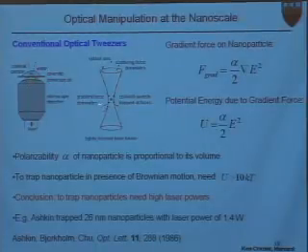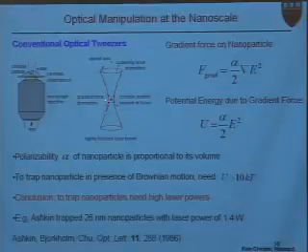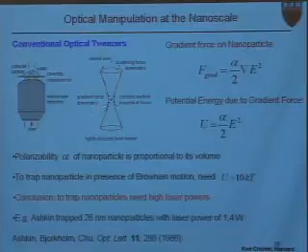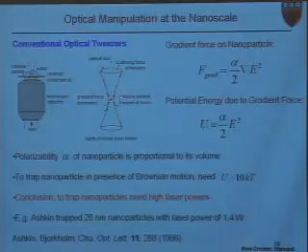A particle in the vicinity of the focused spot will experience a gradient force, and the force is proportional to the polarizability of the particle multiplied by the gradient of the intensity. Associated with that gradient force is a potential energy, which is equal to the polarizability divided by 2 multiplied by the intensity. This is what draws the particle into the focus and traps it there.